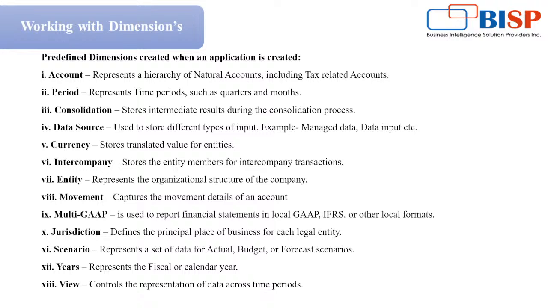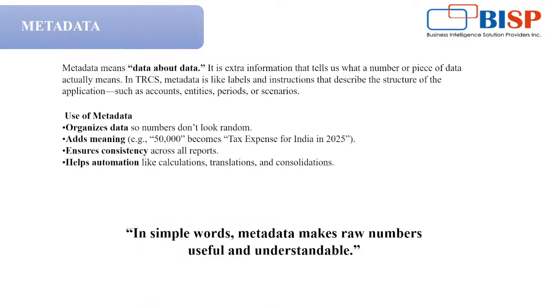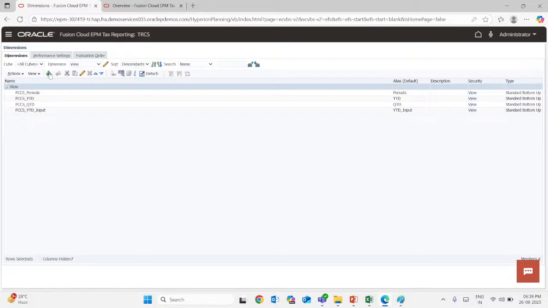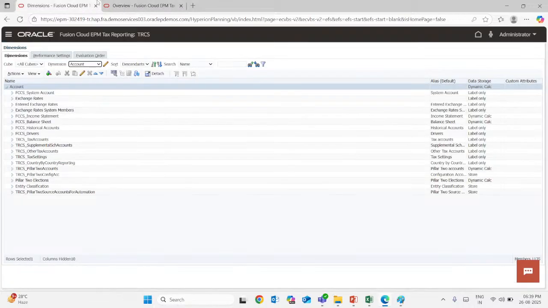Now that we have studied what dimensions are, we can study the simplified dimension editor. As we have studied all the dimensions, let's go to account first. Here are the dimensions.